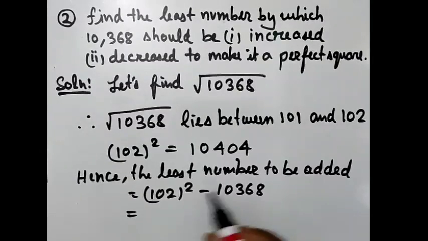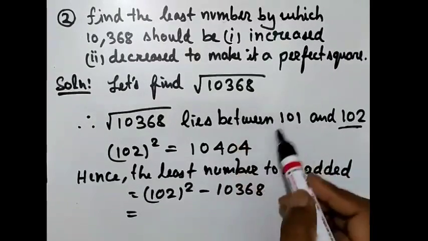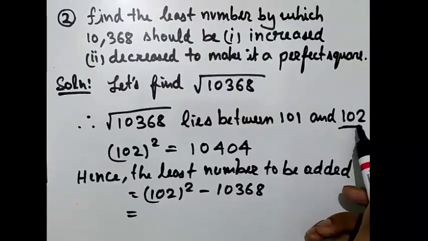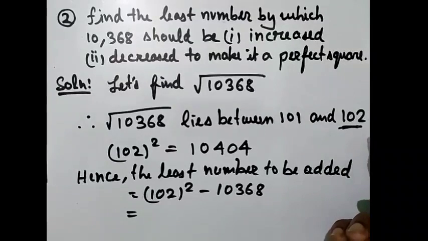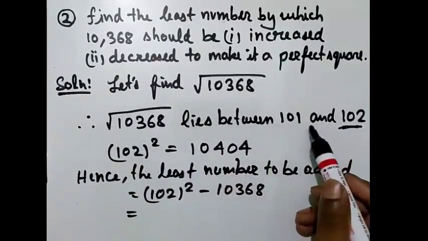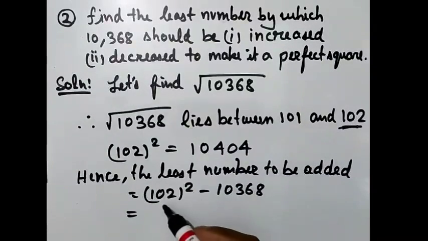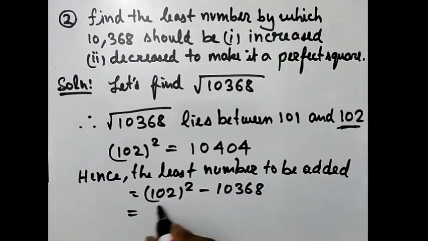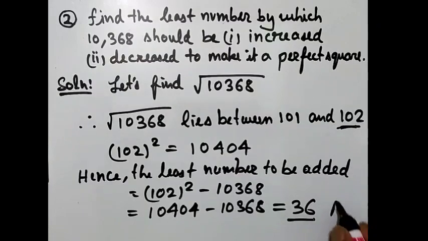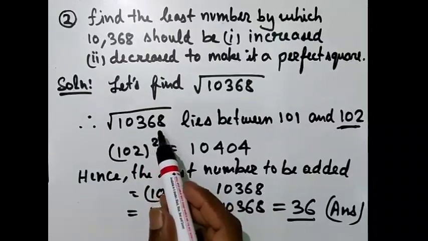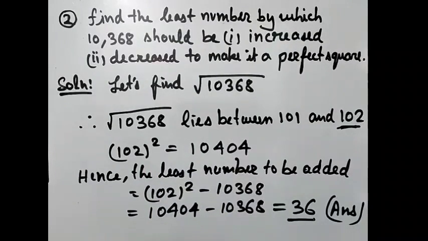This is the next number whose square gives a perfect square, because the square root of 10,368 was lying between 101 and 102. So we'll find the square of 102. What is the square of 102? 10,404 minus 10,368, which will give us 36. So the least number that needs to be added is 36 to make 10,368 a perfect square. Clear?